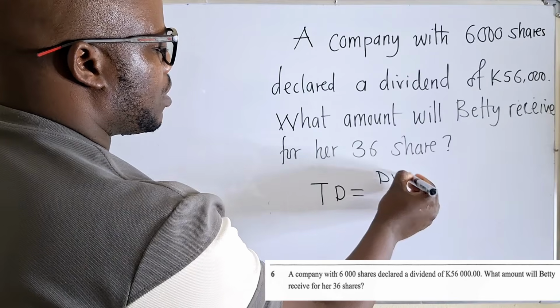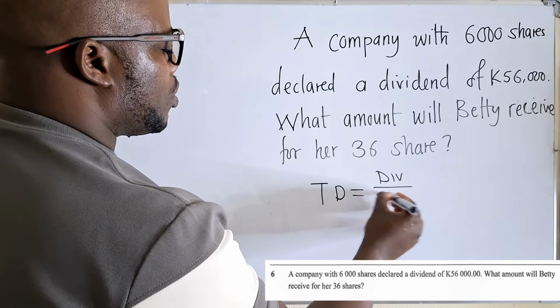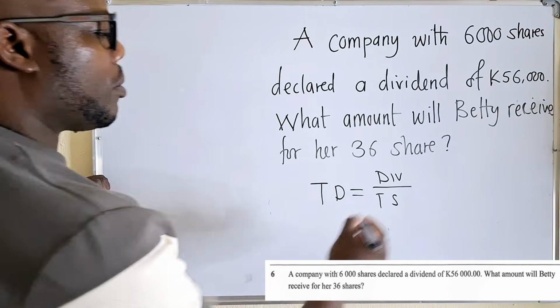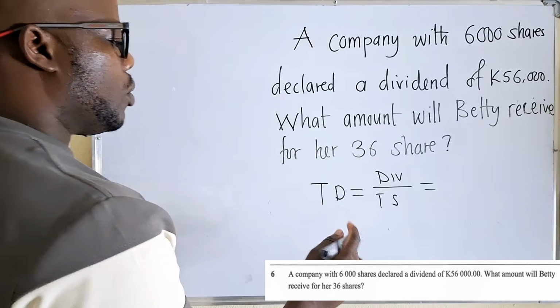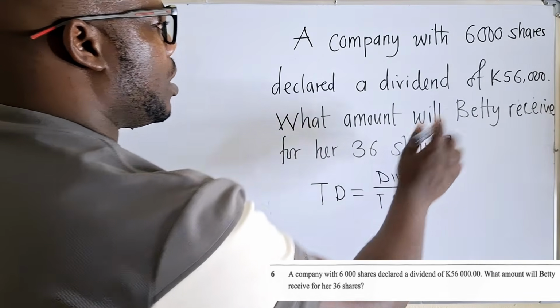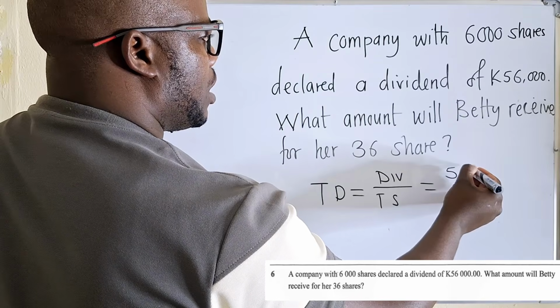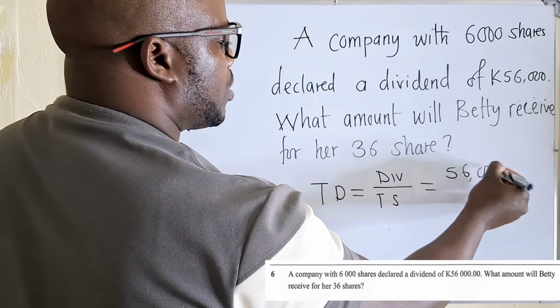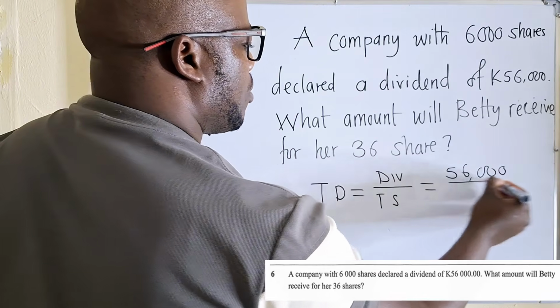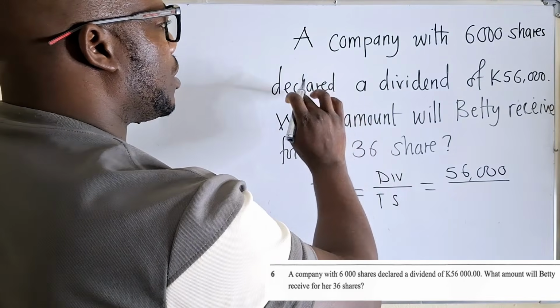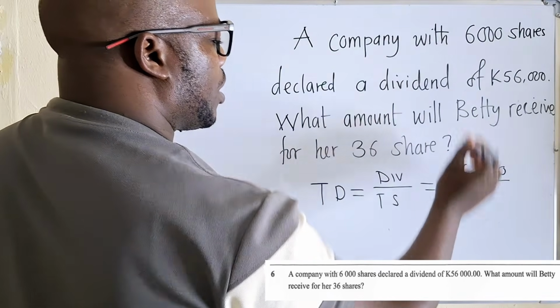dividend over total shares. Okay, so here we're simply going to say, what is the dividend here? The total dividend is 56,000 over the total number of shares. It's 6,000.